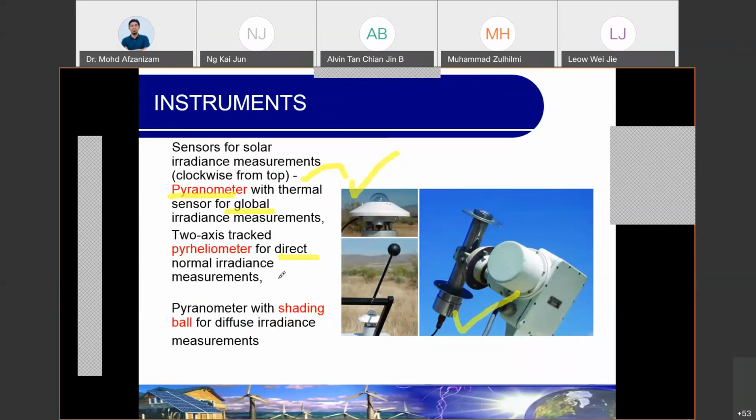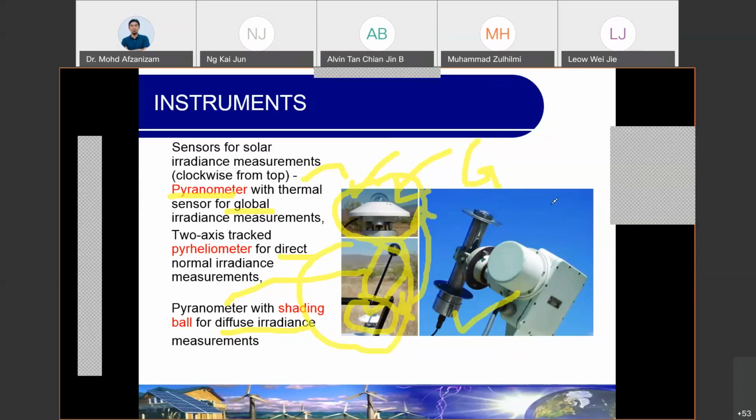For the diffuse irradiance, we use the pyranometer with the shading ball. This is the pyranometer, exactly the same as this one, except we put the shading ball on it, which becomes a shading instrument for the pyranometer. So in other words, say we have the pyranometer, which determines the global, and then we have the shading ball.